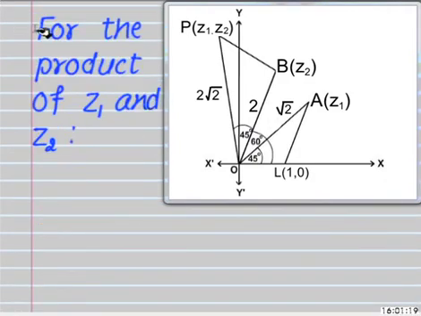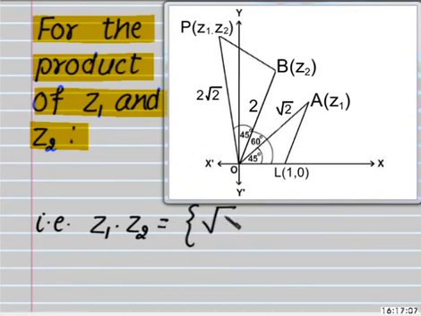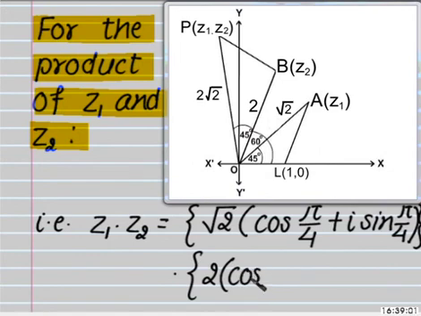Now, for the product of Z1 and Z2, that is Z1 into Z2 is equal to square root 2 into cos pi by 4 plus iota sin pi by 4 into 2 into cos pi by 3 plus iota sin pi by 3.